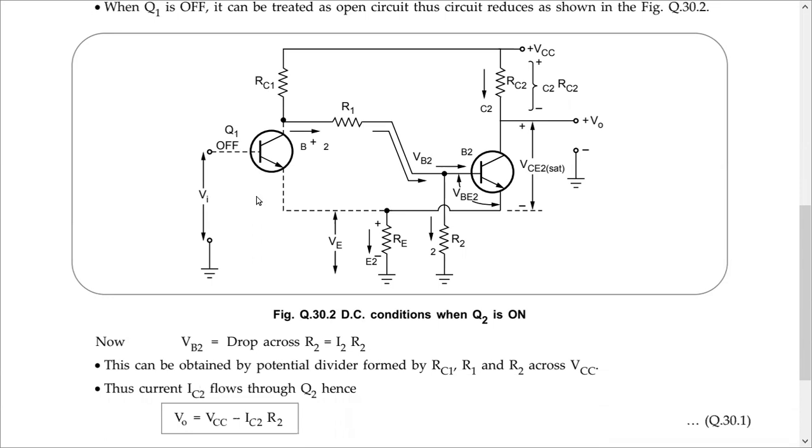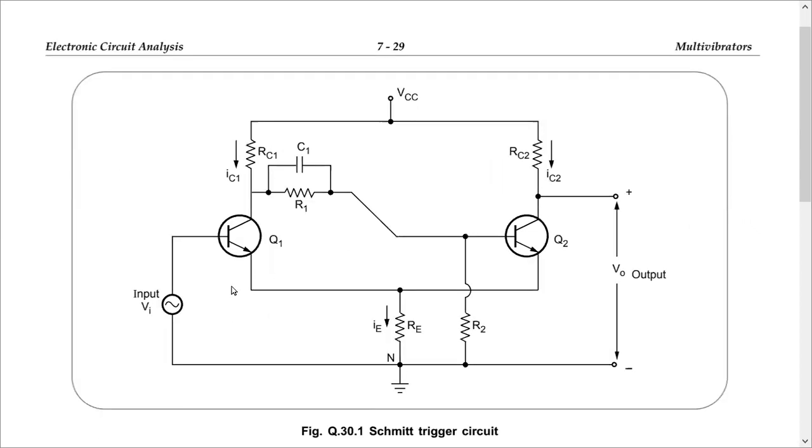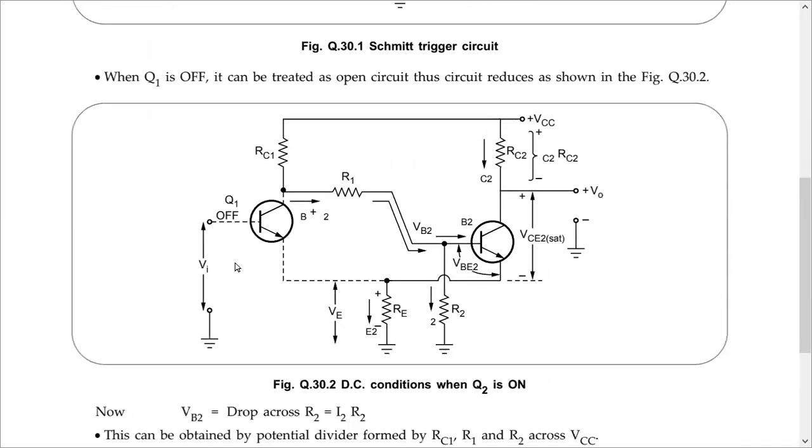We will represent that by V gamma. So only when Vi becomes greater than V gamma plus VE will transistor Q1 turn on.